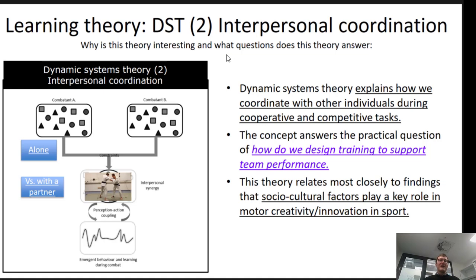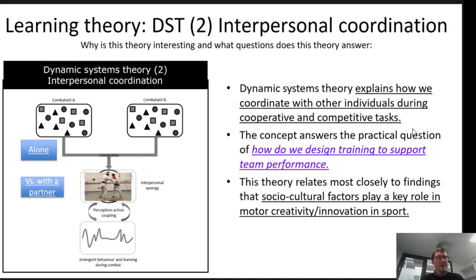So interpersonal coordination. This theory, dynamical systems theory, is interesting for understanding how we coordinate our actions with one another, because it helps to explain how we're able to do this in cooperative and competitive tasks.